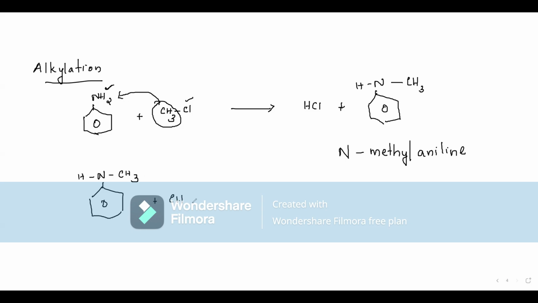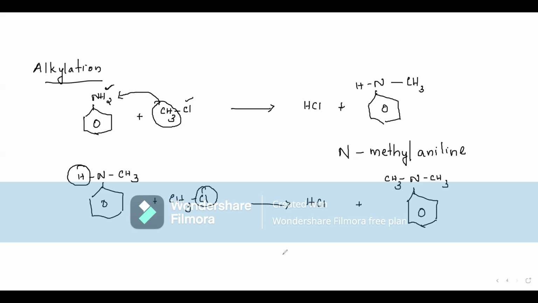So repeat the reaction with CH3Cl. Again, one more alkylation. The second hydrogen is removed along with Cl, so one of my products will be HCl. And I will get benzene ring, nitrogen, and on nitrogen, there are two CH3 groups. Again, aniline is the parent.